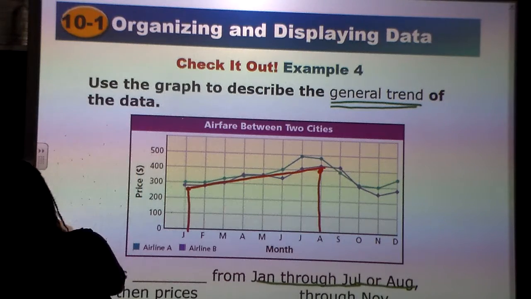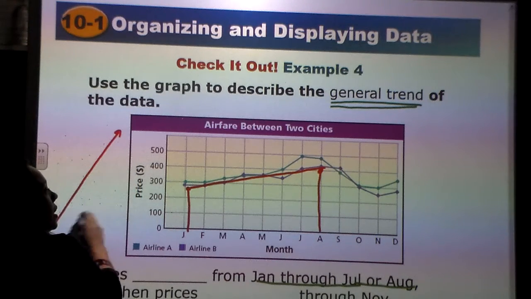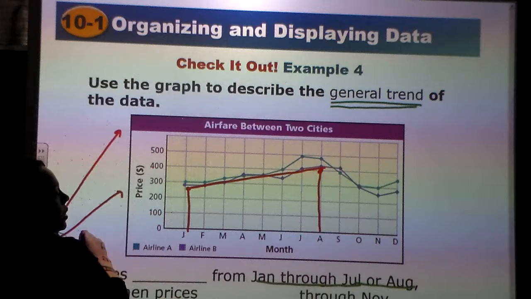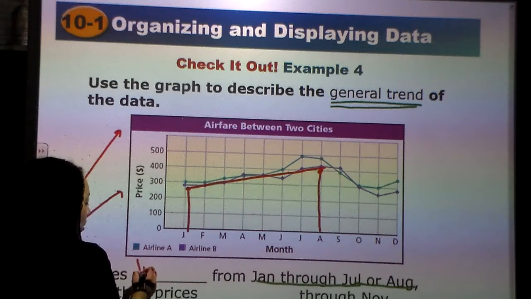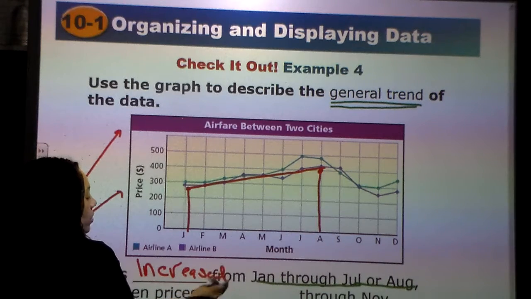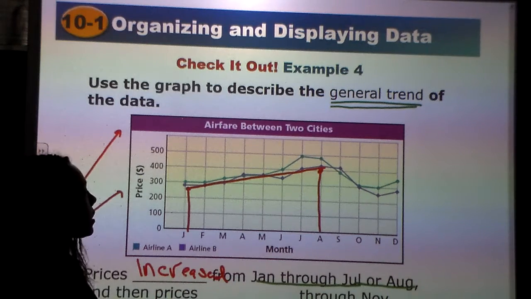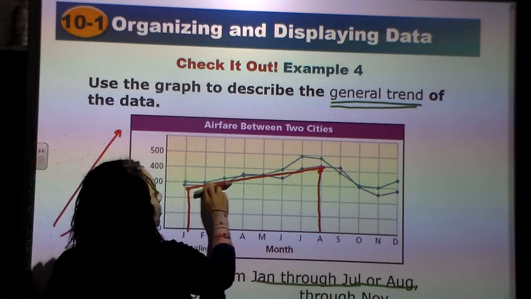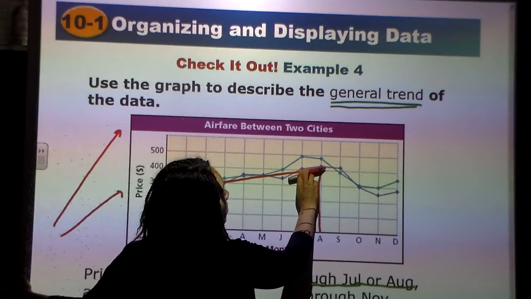It's not increasing at a huge rate, but it is creeping up slowly. So I would say prices increased from January through July or August. They went on an upswing. Prices kept going up.